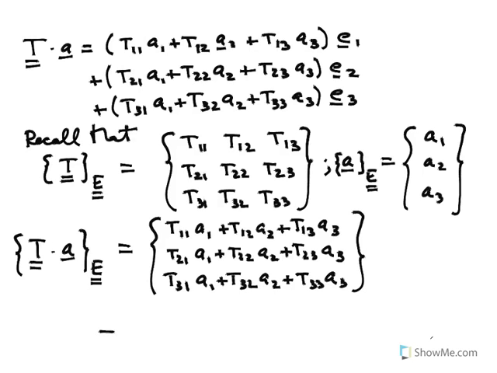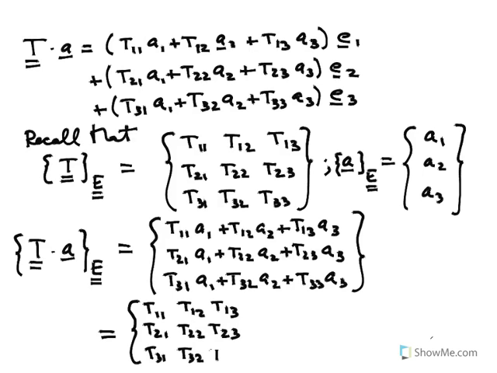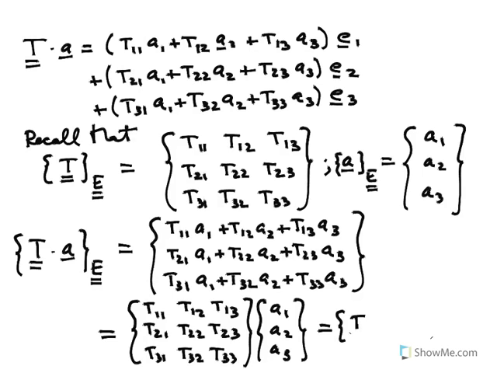But that is equal to the matrix T11, T12, T13, T21, T22, T23, T31, T32, T33 multiplied by A1, A2, A3, which is equal to the matrix representation of T in the basis E multiplied by the matrix representation of the vector A in the basis defined by E, which is E1, E2, E3.